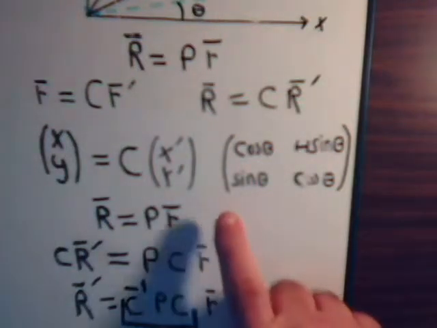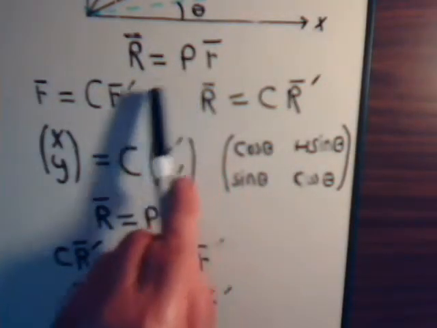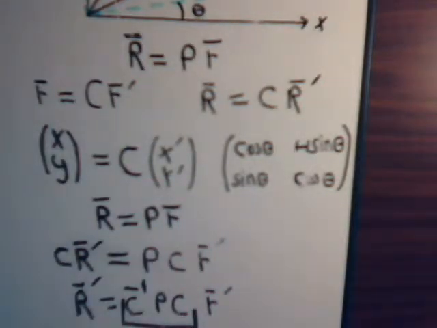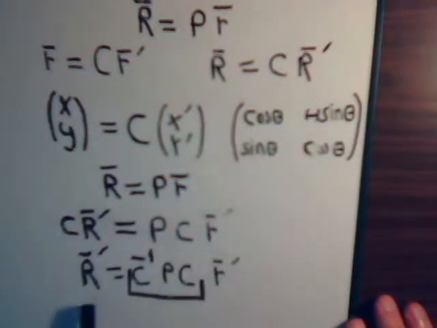Whether the rotation matrix is this or something else in a different system, both matrix P and matrix C have to be non-singular. They have to give unique values. So matrix P and matrix C both have inverses. Multiply both sides of the equation by C inverse, and we get this expression.